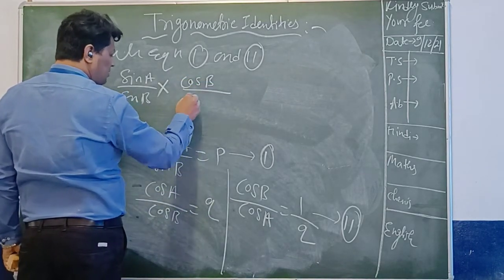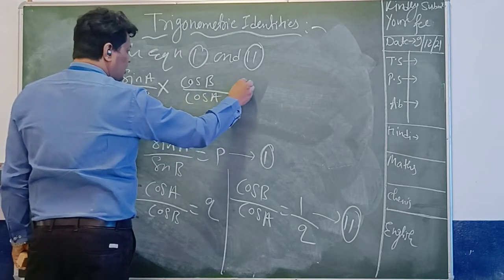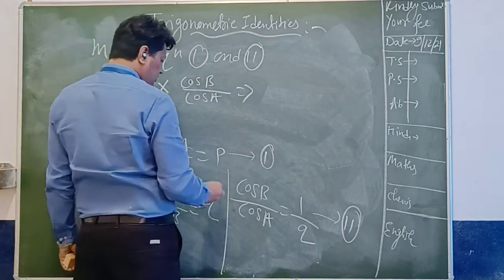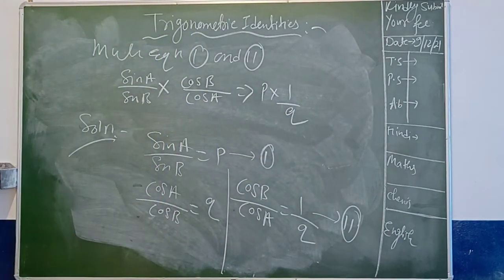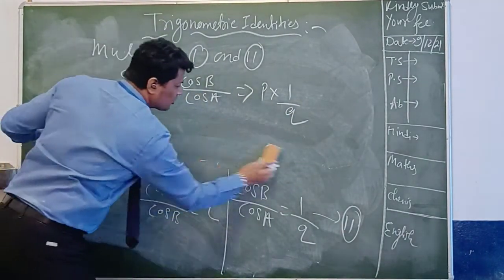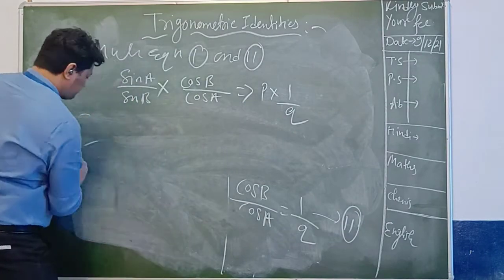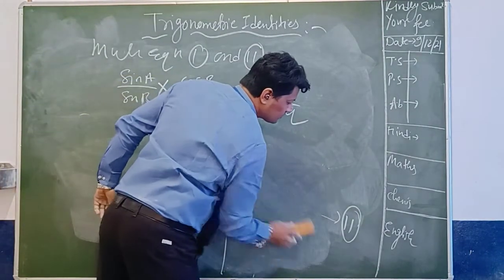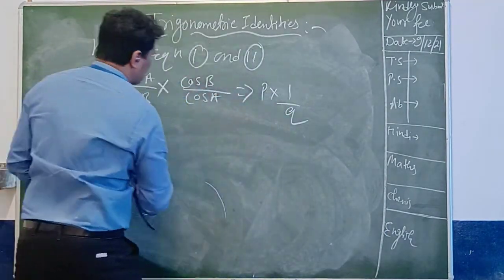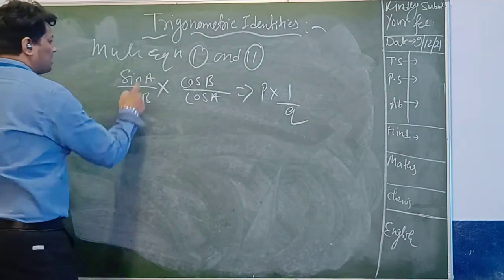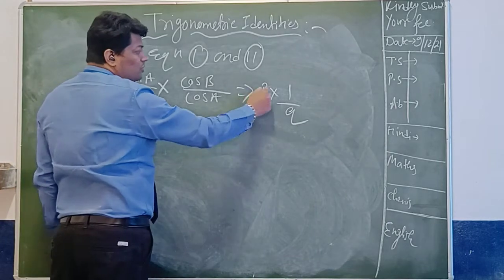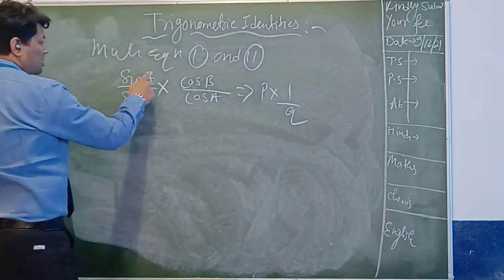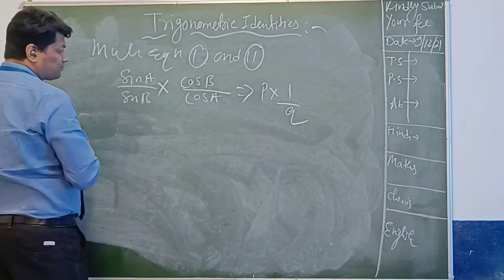What do we have? Sin A upon sin B multiplied with cos B upon cos A equal to P multiplied with 1 upon Q.